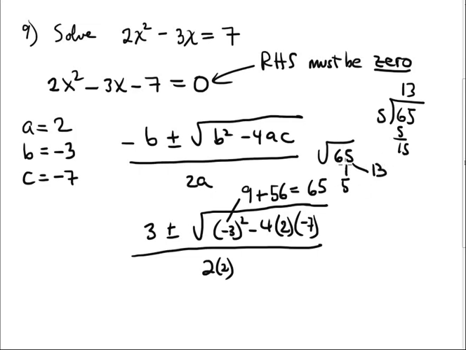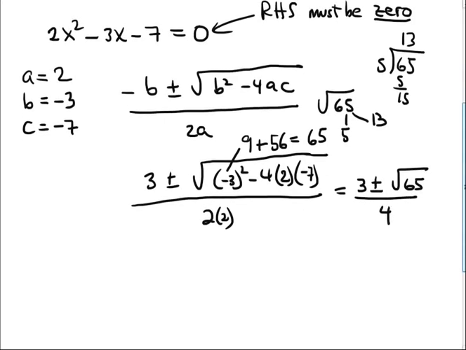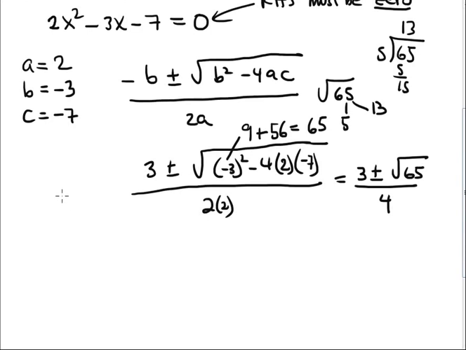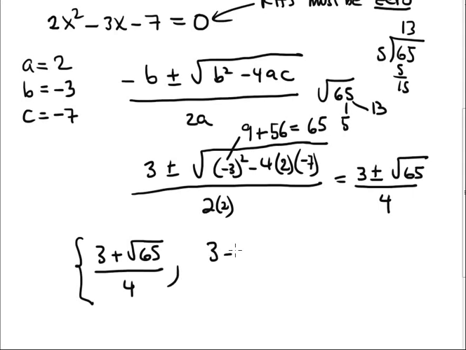Therefore, we have no pair, so we cannot simplify; leave it like that. So it's 3 plus or minus square root of 65, divided by 4. We have two solutions. The solution set is 3 plus square root of 65 over 4, comma, 3 minus square root of 65 over 4, and that's it.